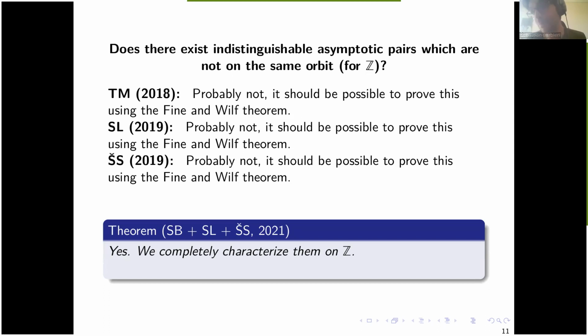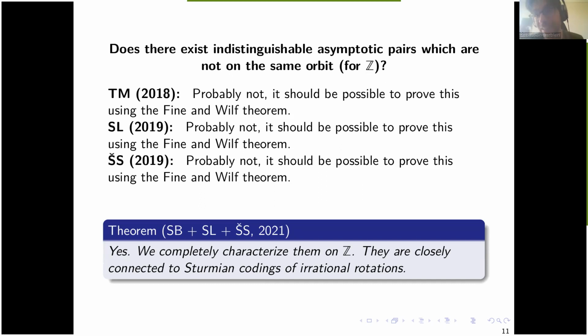Moreover, we completely characterize them on Z. We have a full characterization of asymptotic configurations that give me indistinguishable asymptotic pairs. And the interesting thing is that they are closely connected to Sturmian codings of irrational rotations. In fact, we discovered a new characterization of Sturmian configurations through these indistinguishable asymptotic pairs. So we were pretty happy about that.